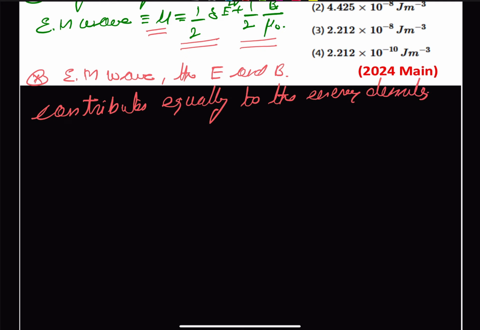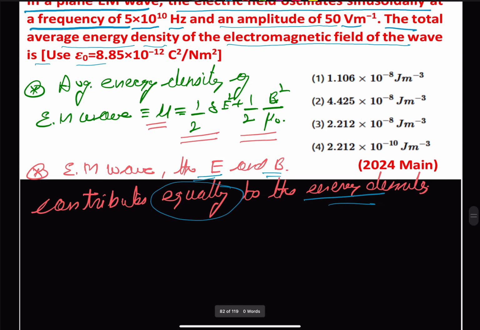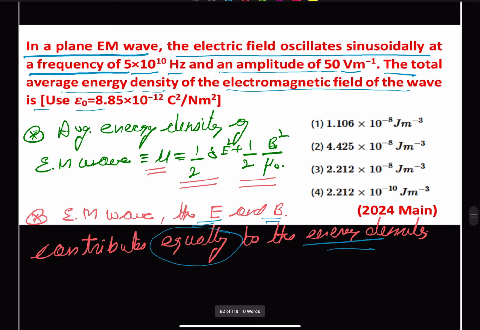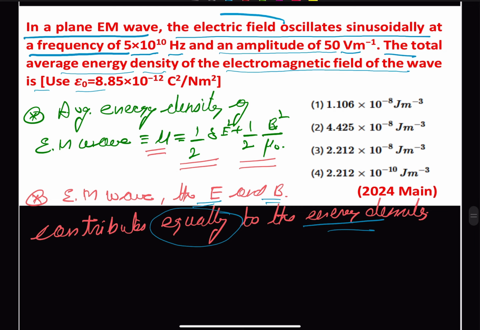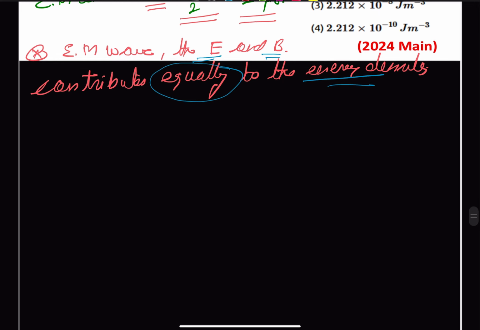So the contribution of our electric field and magnetic field towards energy density is equal. Okay. So therefore, we are only going to find out the energy density because of one part, that can be because of electric field as well as because of a magnetic field, and that will be same. Okay. So in this case, it is talking about our electric field, so let's deal with the electric field.